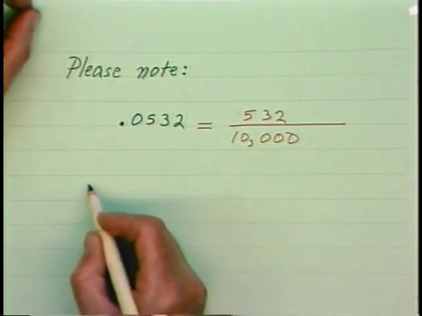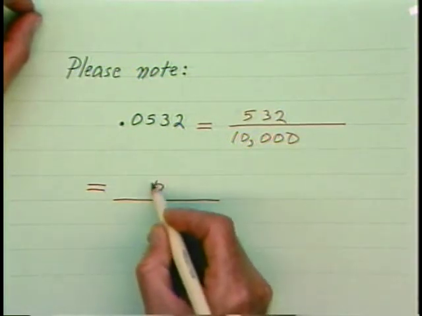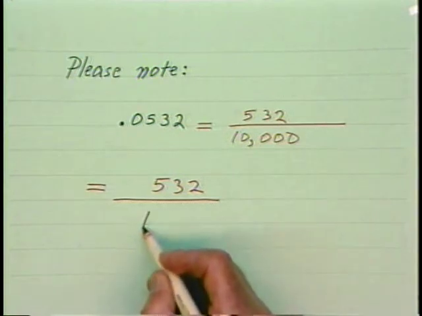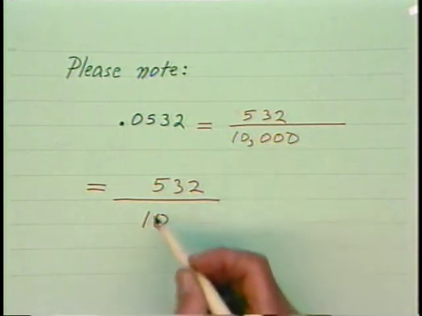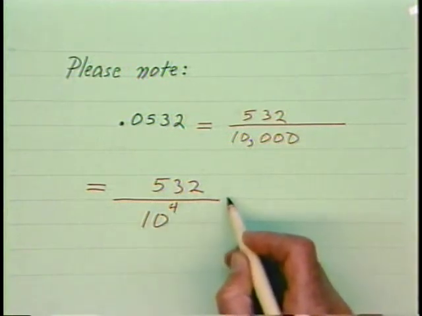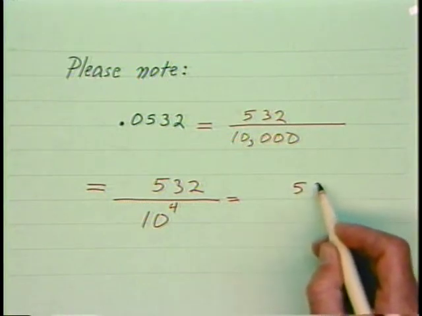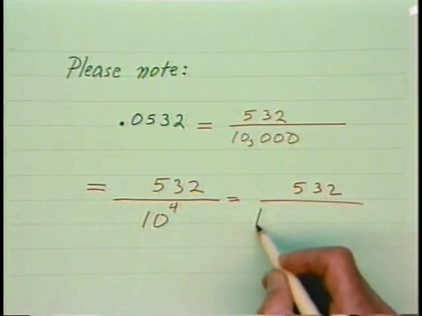But notice also that this denominator is a power of 10, specifically in this case 10 to the 4th power, which is the same thing as saying that I have 4 tens being multiplied.